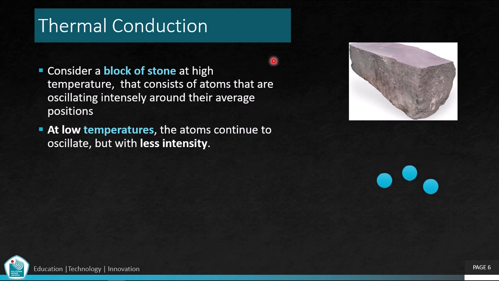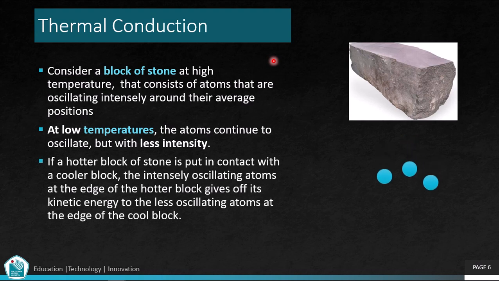If a hotter block of stone is put in contact with a cooler block, the intensely oscillating atom at the edge of the hotter block gives off its kinetic energy to the less oscillating atoms at the edge of the cool block. In this case, the energy transfers between these two blocks and heat flows from the hotter to the cooler block by random vibration.